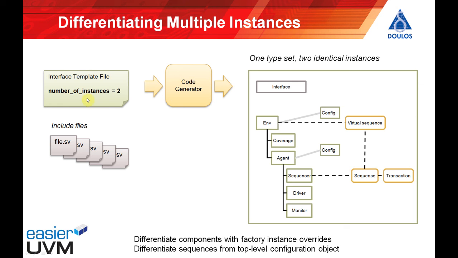There's settings in the interface template files to do exactly that, to generate factory type overrides, but then those factory type overrides are going to override your transaction types and sequence types and virtual sequence types for all instances of this typeset. If you actually want different instances of the same class to have different behaviours, you can do that, and the way that you would do that is to differentiate the settings in the top-level configuration object.